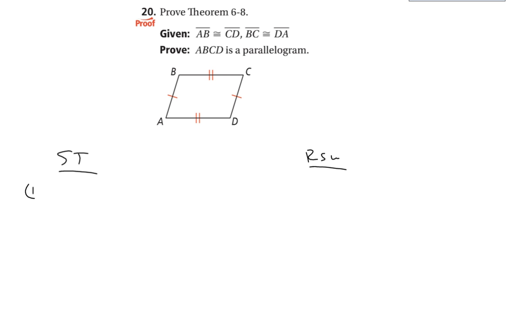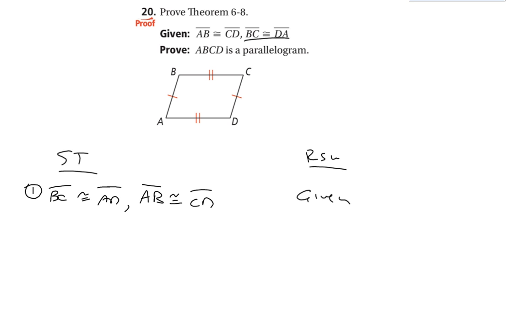So first order of business, let me say that BC and AD are congruent. So line segment BC is congruent to AD. It doesn't matter in which order I put this. So AB is congruent to DC, and line segment AB is congruent to CD, and the reason for that, of course, is given.